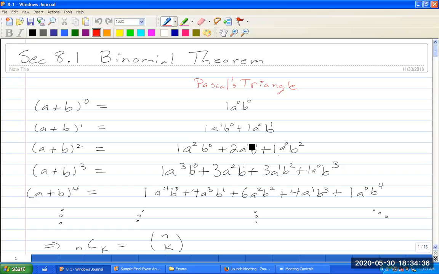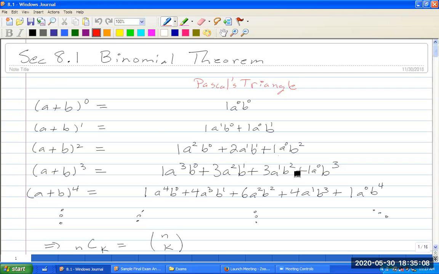Now if I look at the exponent for each of these, then the sum of the exponents is always going to equal that exponent. So 4 is 4 plus 0, 3 plus 1, 2 plus 2, 1 plus 3, 0 plus 4. So the exponent is the same as the sum of the exponents for A and B.